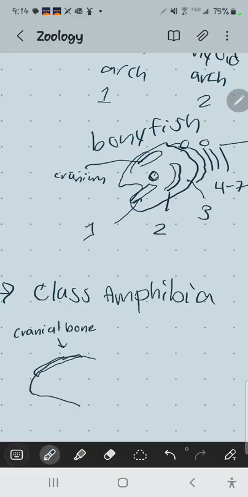Okay. The ossicle, though, in this case, you can't really see it in our salamander skull, but we will see it in our frog dissection today. The ossicles are now converted into the inner ear bone.